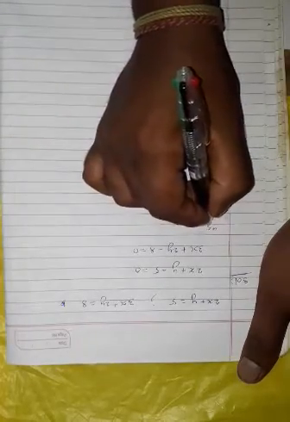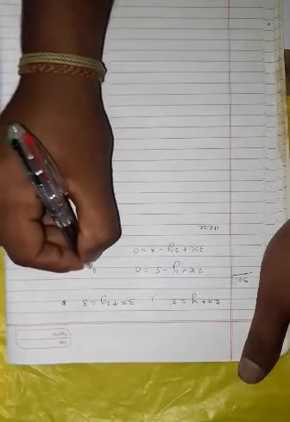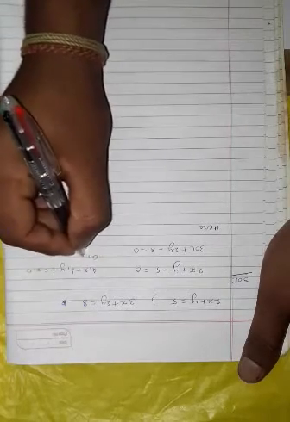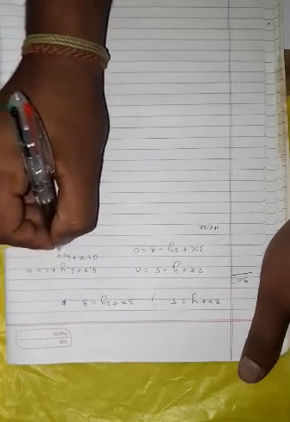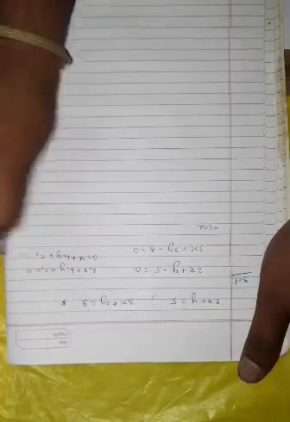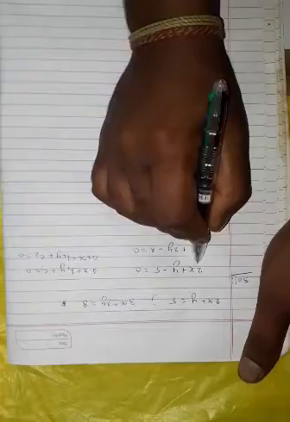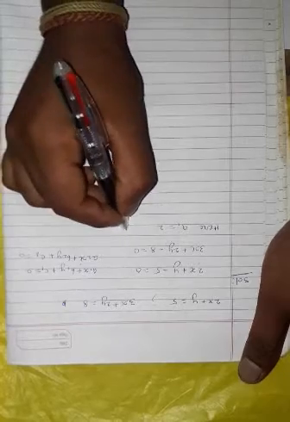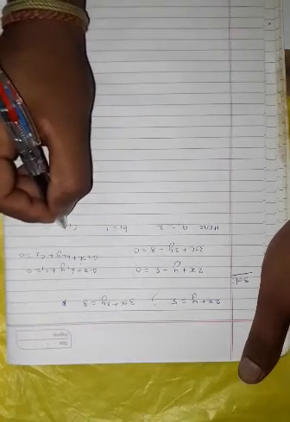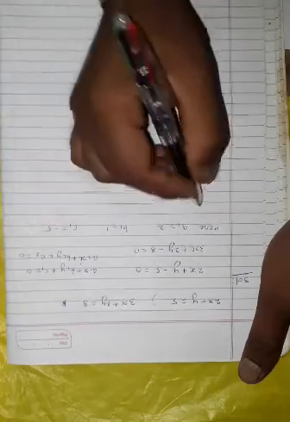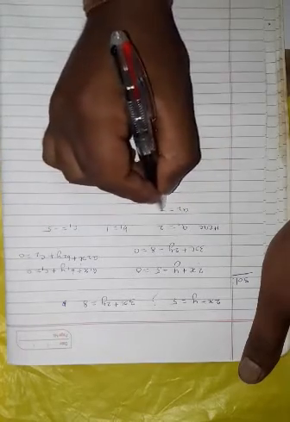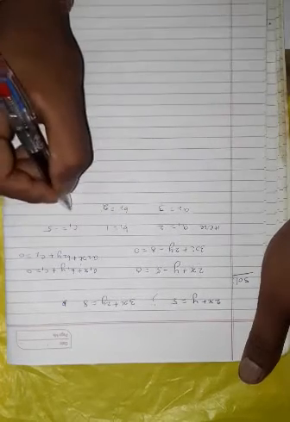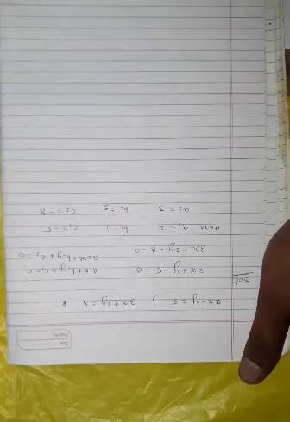As per standard form, a1x + b1y + c1 = 0, a2x + b2y + c2 = 0. Comparing both, a1 is 2, b1 is 1, c1 is minus 5, a2 is 3, b2 is 2, c2 is minus 8.